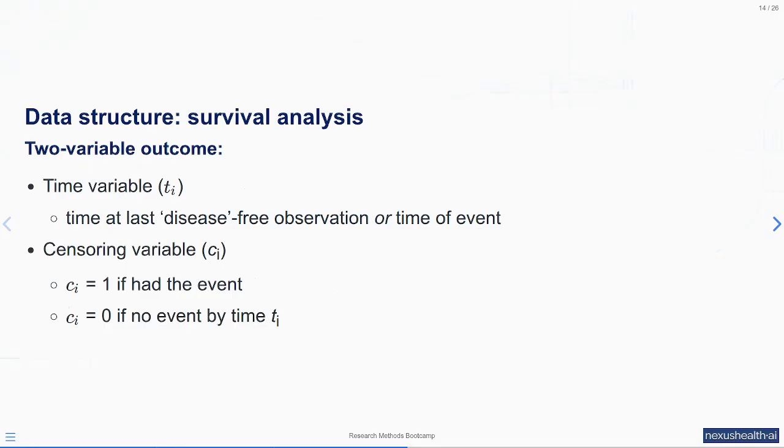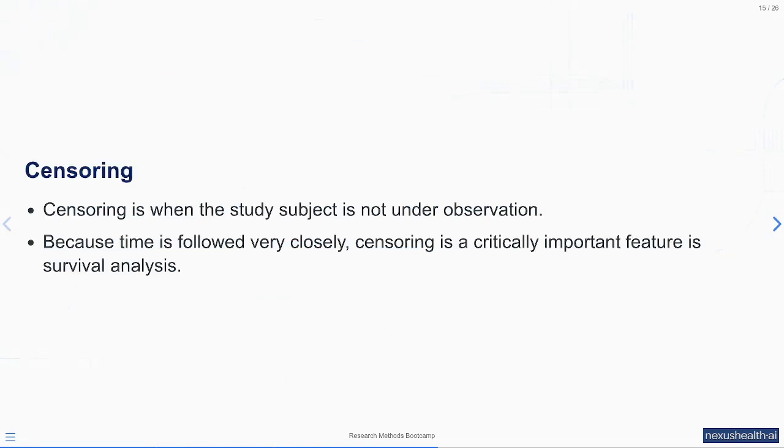Then we have what is called the censoring variable, which is simply an indicator of whether the event occurred or did not occur as at the time that we are observing. So 1 if the event occurred, or 0 if there was no event by time t. So this is a two-variable outcome structure for survival analysis. We have the time variable and we have the censoring variable.